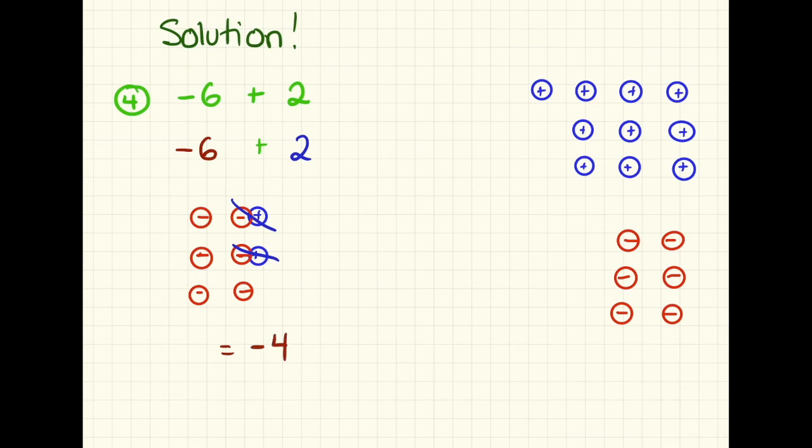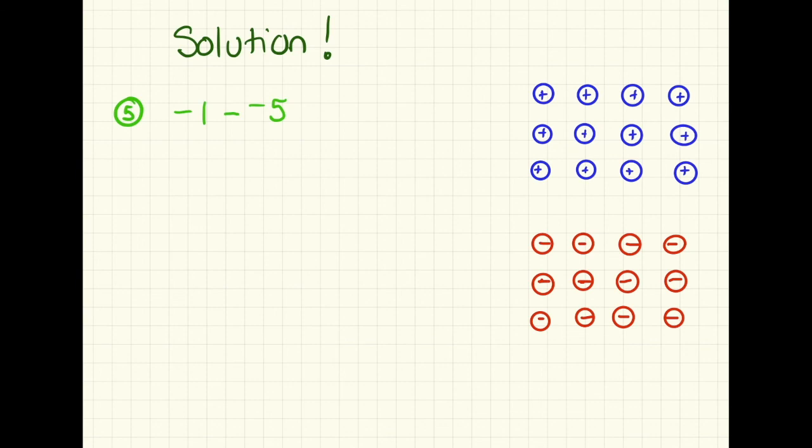And finally, our last question here is a negative 1 take away a negative 5. Again, I'm going to rewrite it like this: negative 1 minus, or take away, subtract, a negative 5. So here I go. I'm going to grab a negative 1. But once again, my issue is that I cannot take away 5 because there's literally no other negatives.